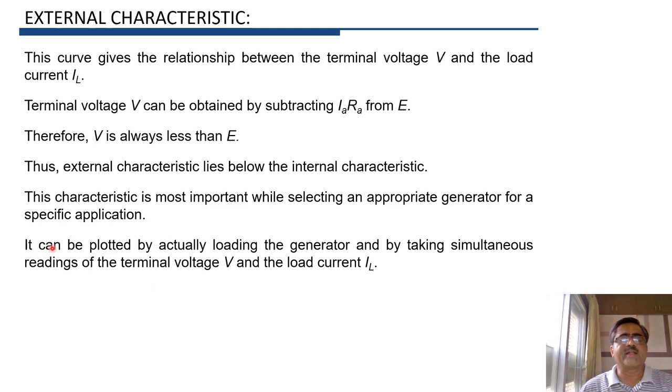This characteristic can be obtained by actually loading the generator from no load to full load in steps and taking simultaneous readings of terminal voltage V and load current IL. But while performing this test, we have to keep the speed and field current constant.